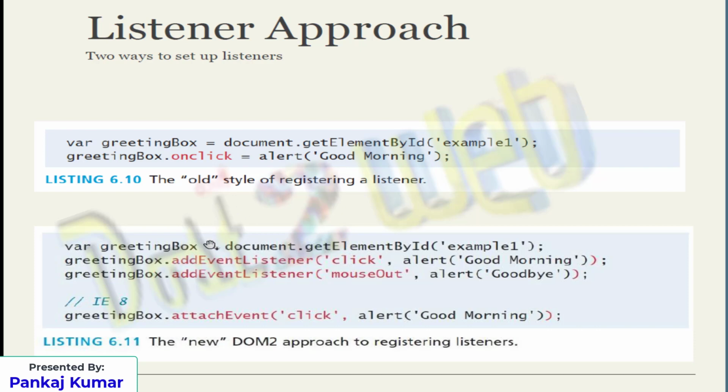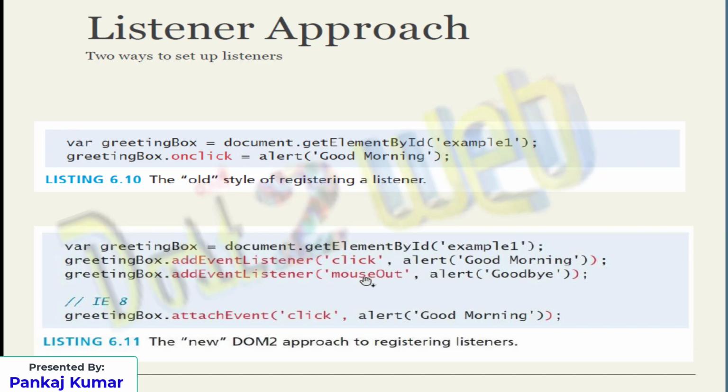Let's see what the next one is. Example: you can see here I am using the same greeting box, the same getElementById. I am taking the HTML element from the HTML document that we have defined. Now I am giving greetingBox.addEventListener. The event listener we are going to assign: when someone clicks, it will alert goodbye.